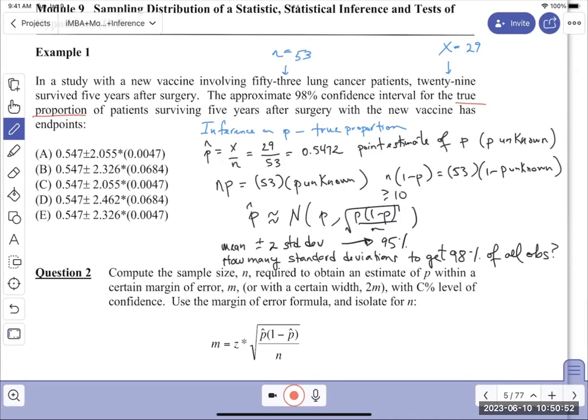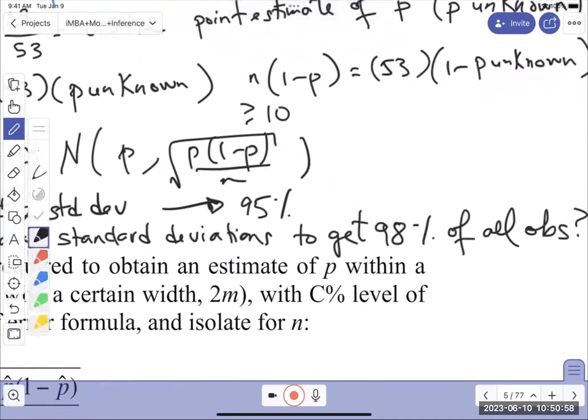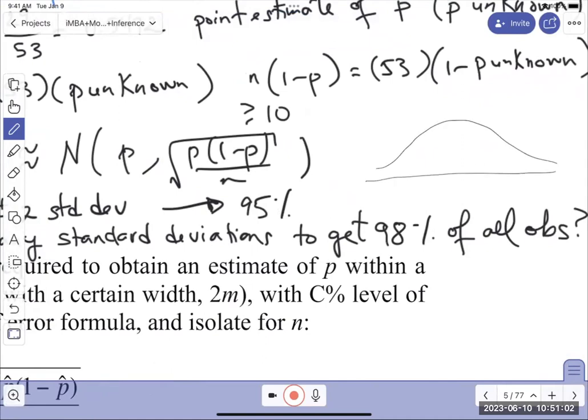So what did we do? Let's draw a picture. If it's 98% in the middle, how much is it outside? The remainder, 2%.